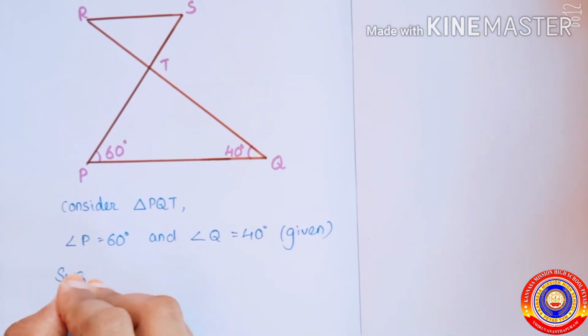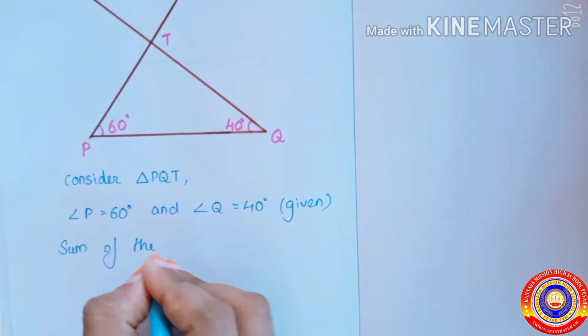As you know, the sum of the angles of a triangle is 180 degrees.